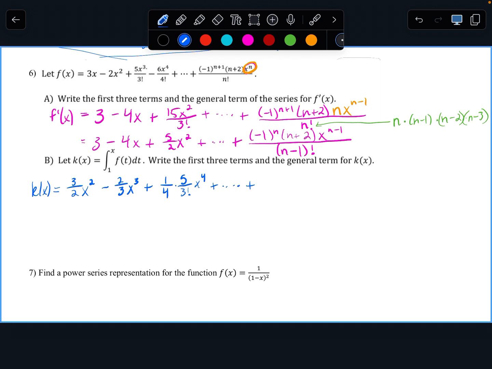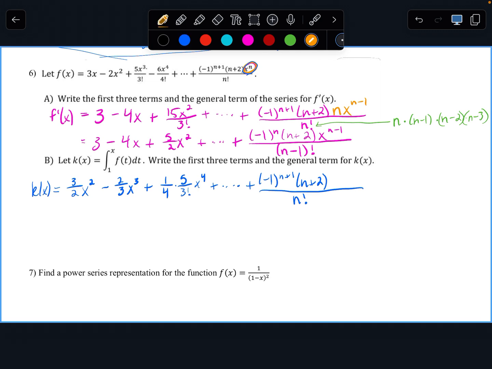Okay. So when you do the general term, the factorial junk didn't get mixed up. I might simplify it later. We'll see what happens. But again, all of it is focused on this x to the n. So it's like this n plus 1, n plus 2. Because the n's are just numbers. This is all over n factorial.